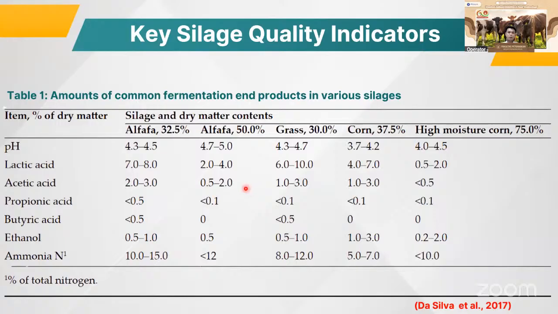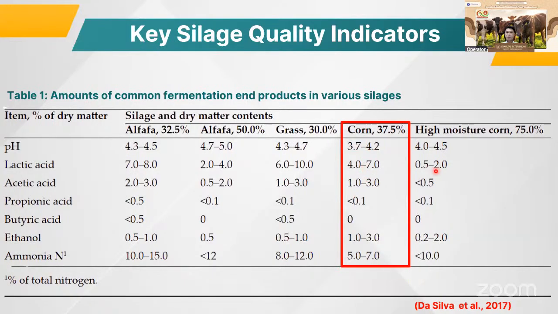So this table shows some common fermentation end products that we expect, compared with low quality forage, like high moisture or very dry. This figure shows the pH: actually, we require about 3.7 to 4.2.